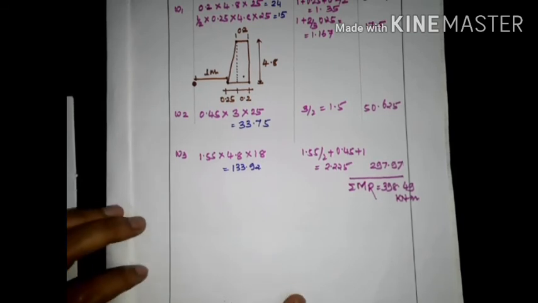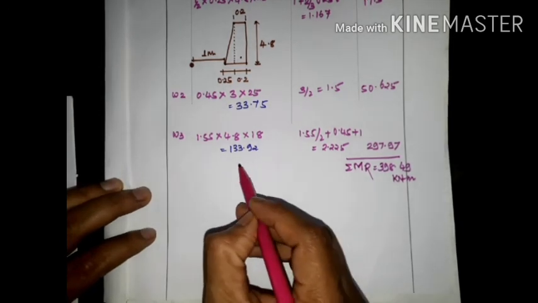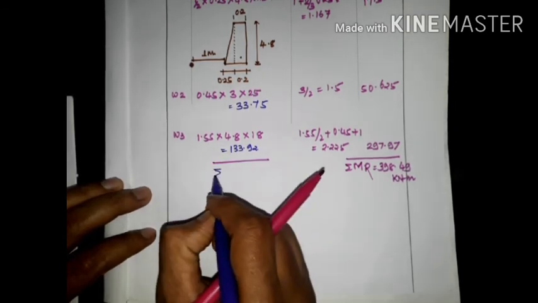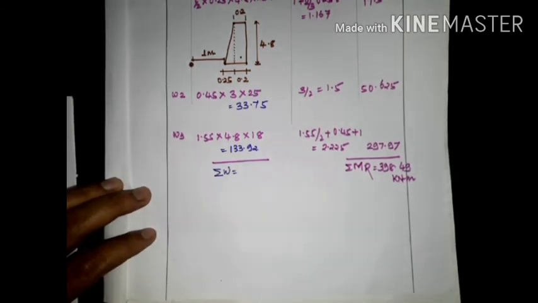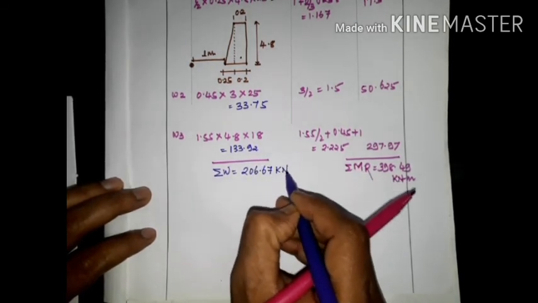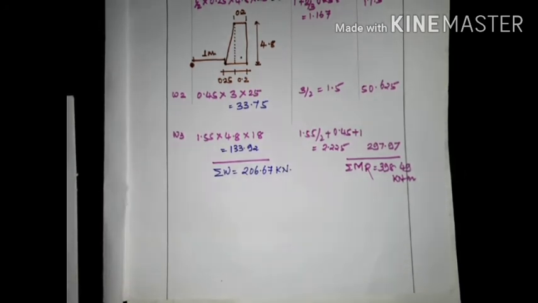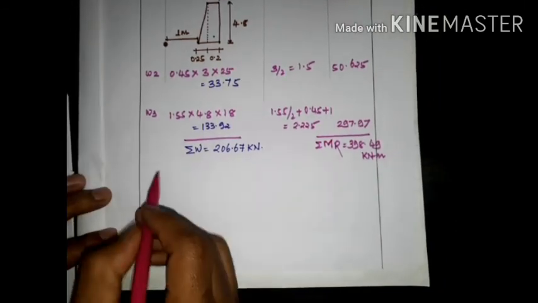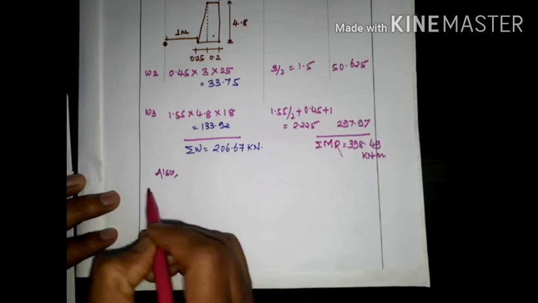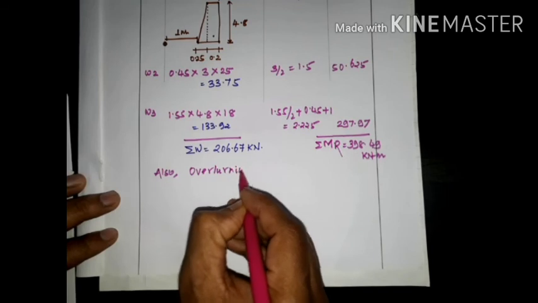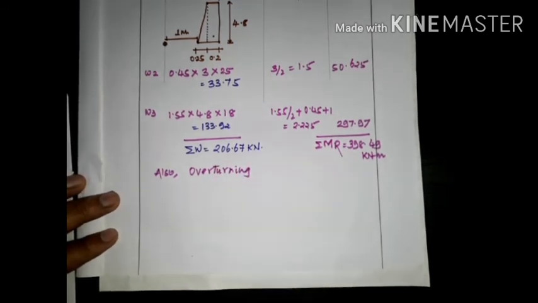Okay, now next we have to add this load also, that is the summation of vertical load, summation of W. So we get the summation of W as 206.67 kilonewton. Then we also have the overturning moment, because we have to check for overturning moment also, that will cause the retaining wall to overturn.